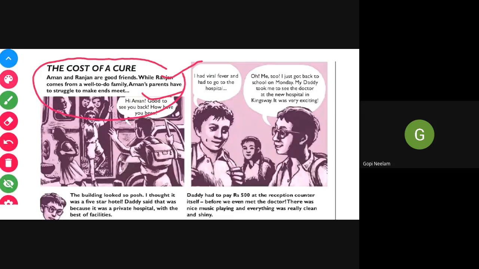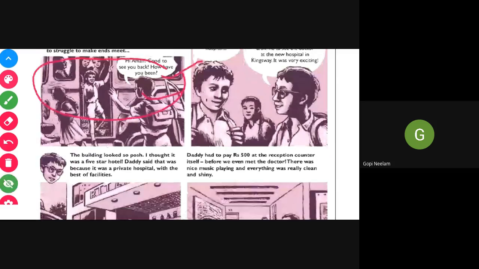We already know what well-to-do means: he belongs to a rich family, and Aman comes from a very poor family, right? So what happened? Both fell sick. When they fell sick, Ranjan's father took him to a hospital which looks like a five-star hotel, and the treatment in the hospital was also very nice.